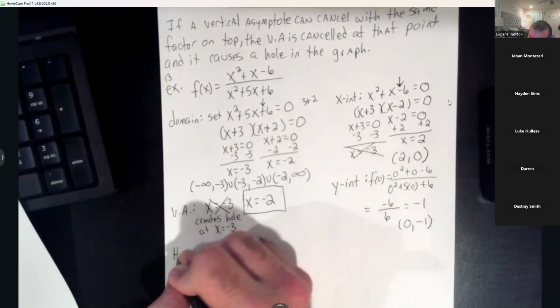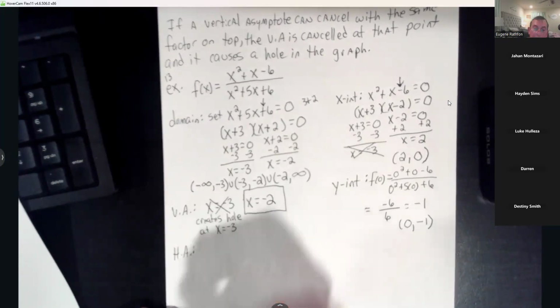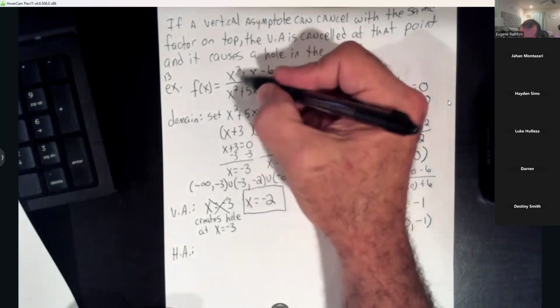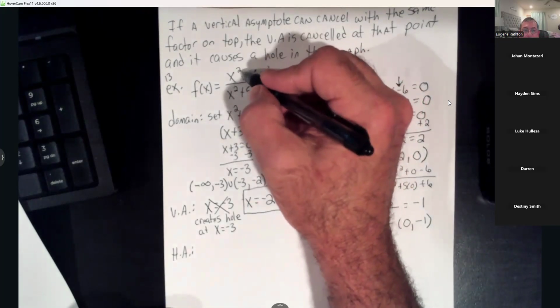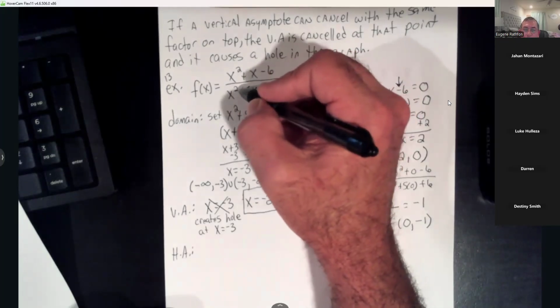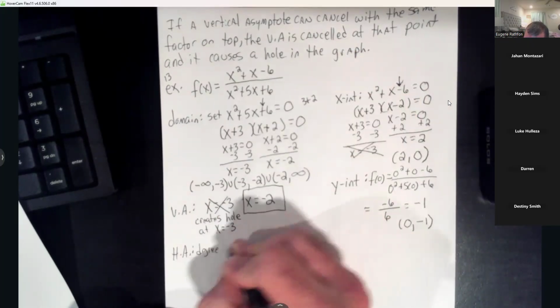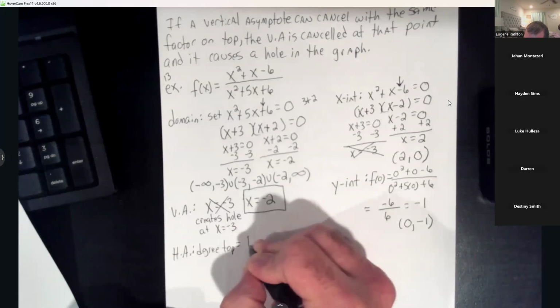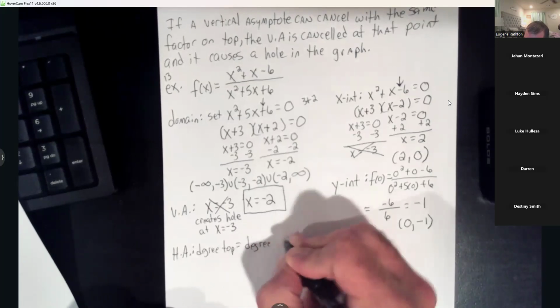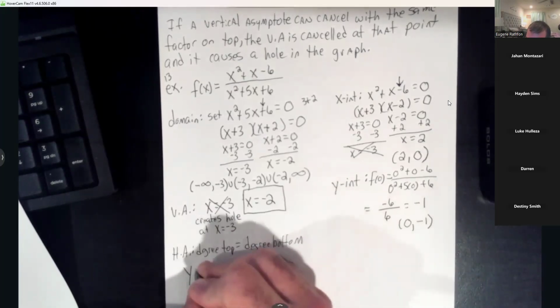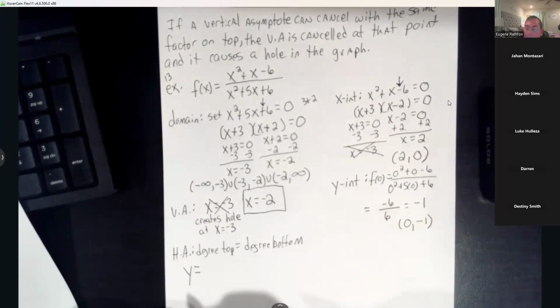All right, y'all, the last thing I would check would be my horizontal asymptote. But y'all look here. The degree of the top equals the degree of the bottom. So that means my asymptote is y equals a over b.